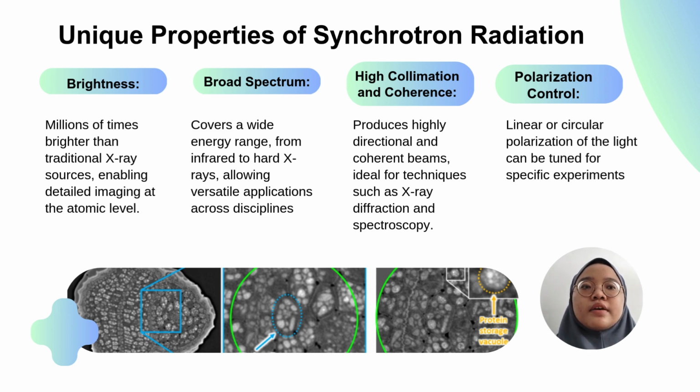It also has high collimation and coherence. It produces highly directional and coherent beams, ideal for techniques such as X-ray diffraction and spectroscopy, and it also has polarization control. Linear or circular polarization of the light can be tuned for specific experiments.